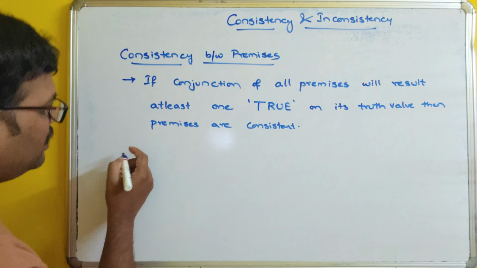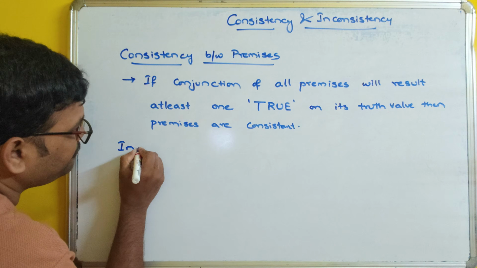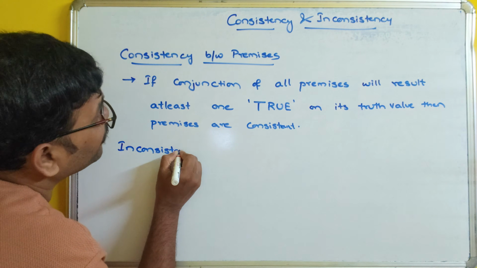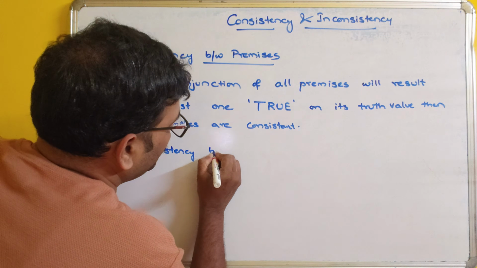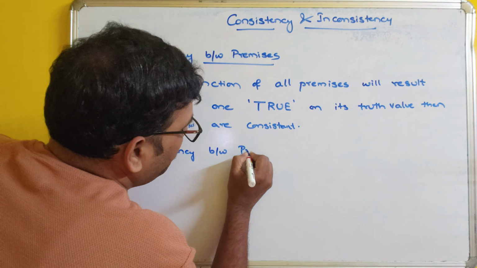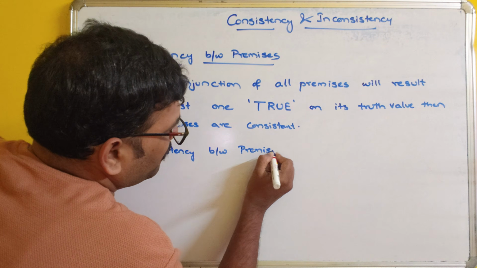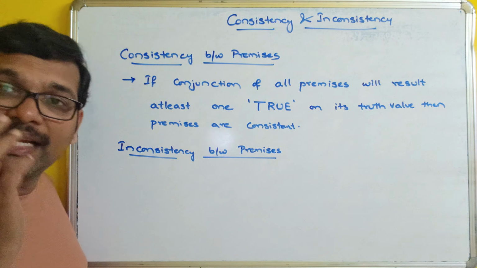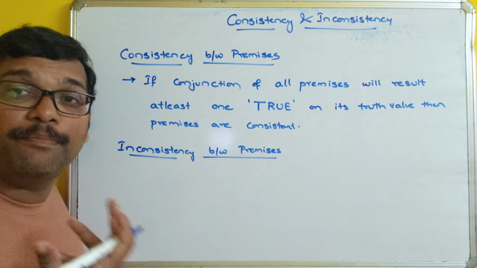Okay. Now inconsistency. Inconsistency between premises. How can we say it's inconsistent? There is an inconsistency between the premises.